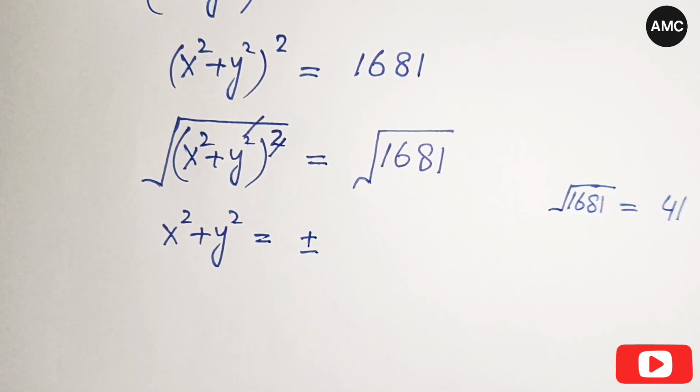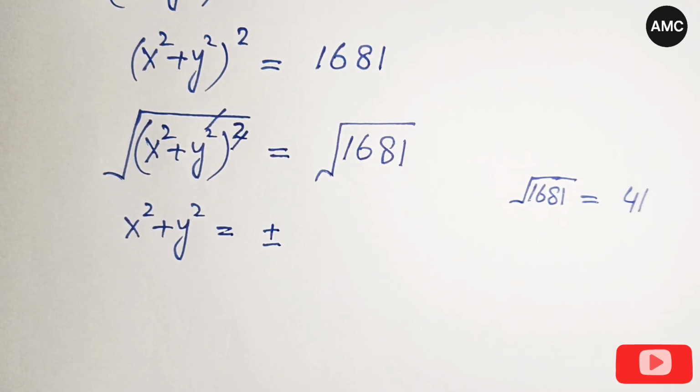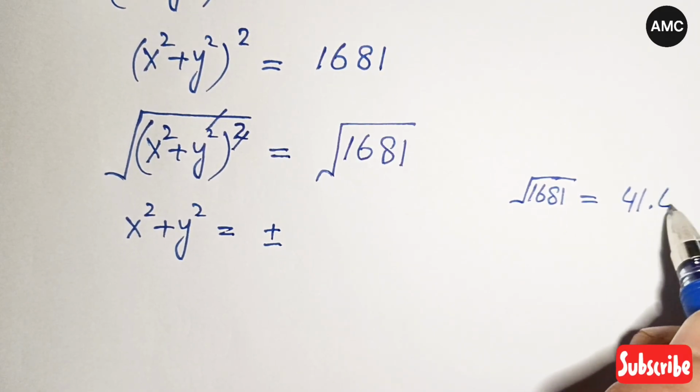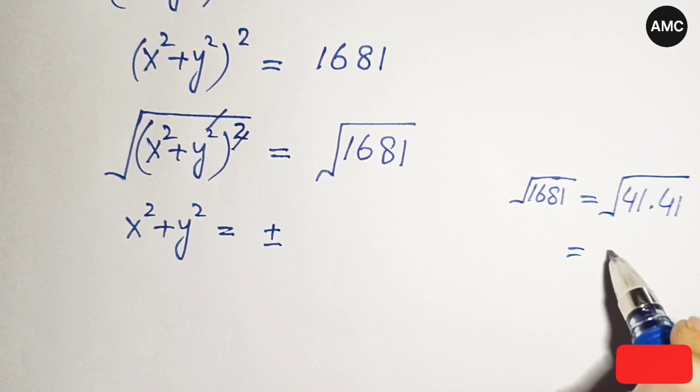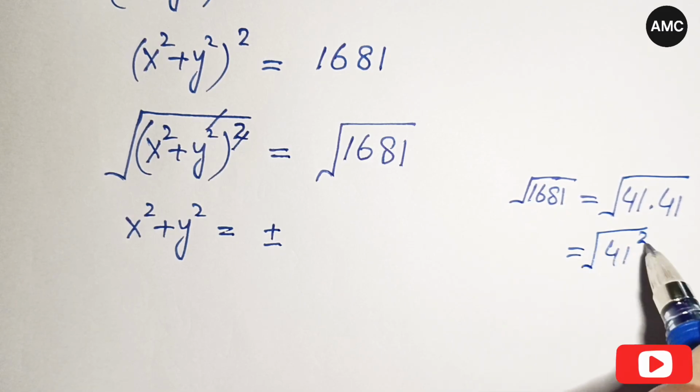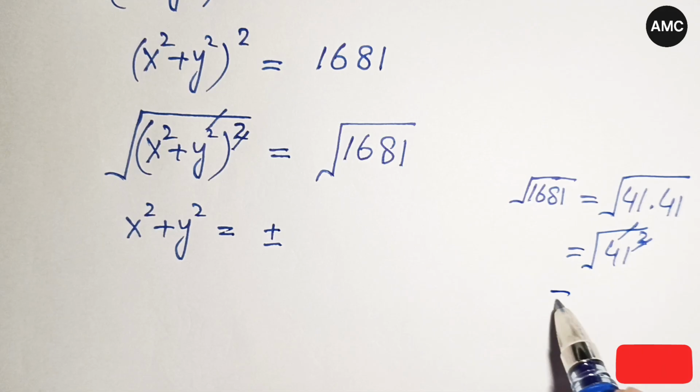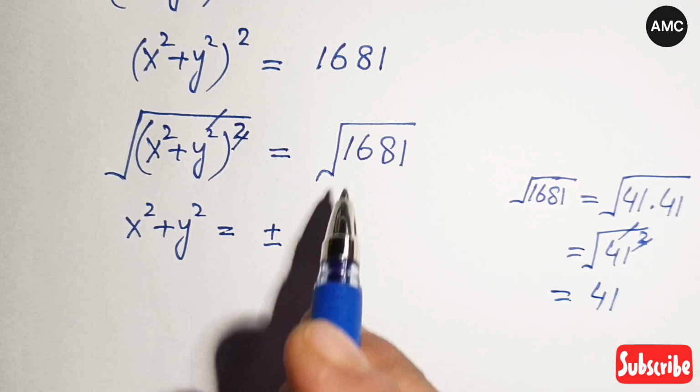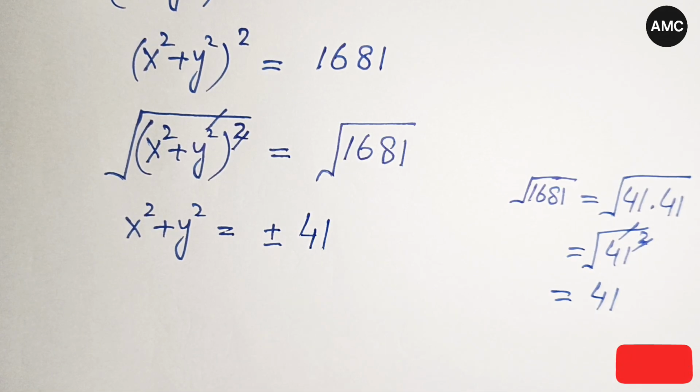If we multiply 41 with 41 we get 1681. Now it is equal to 41 squared, the square root cancelling the square, we get 41. So here we have plus minus 41.